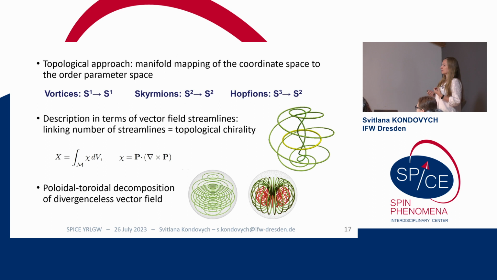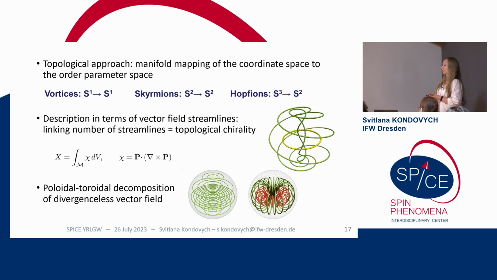This hydrodynamical approach also allows description in terms of streamlines. If you can integrate streamlines instead of finding the vector field at every point, you can also come to the notion of topological chirality through the linking number. It can be calculated for the polarization vector field with this expression. For chiral structures like helices or hopfions, it can be shown that they can be of different chirality.